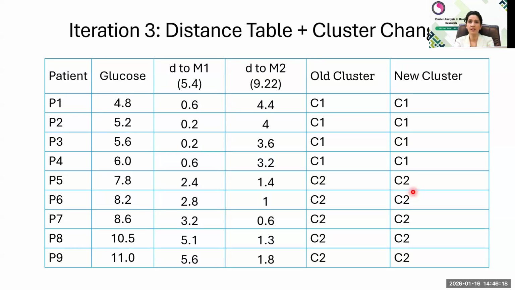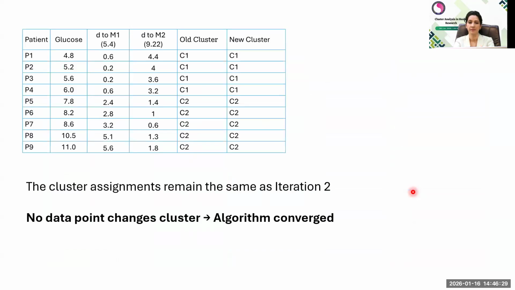But the software does this in many iterations, until these cluster assignments become fixed. Then there are no data points that change cluster, and it is said that the algorithm has converged.